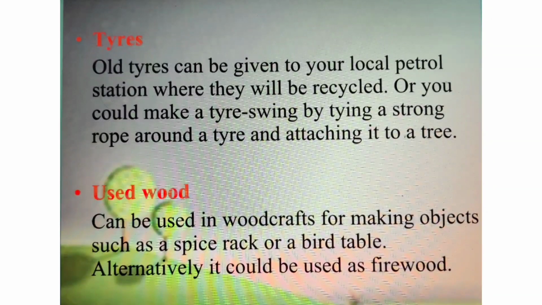And an old tire can be given to the local petrol station where it can be recycled, or you could make a tire swing by tying a strong rope around the tire and attaching it to a tree.